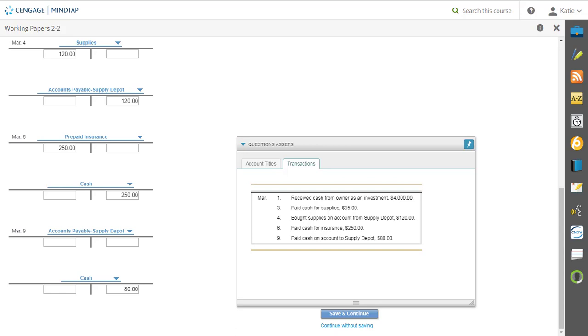It'll be a decrease, right? So the decrease side of all liabilities is what? Debit or credit? Try again. The decrease side. The increase side is credit, but the decrease side would be a debit. So we're going to debit accounts payable, Supply Depot, $80.